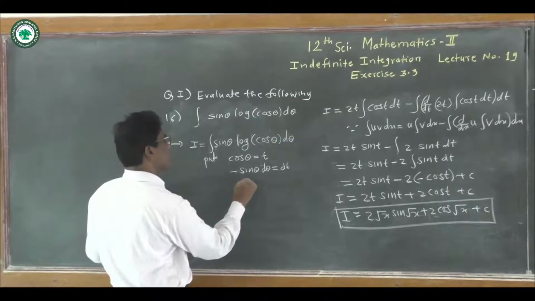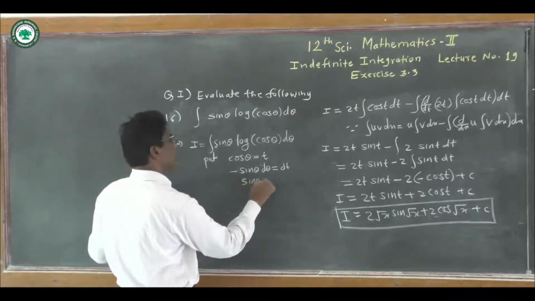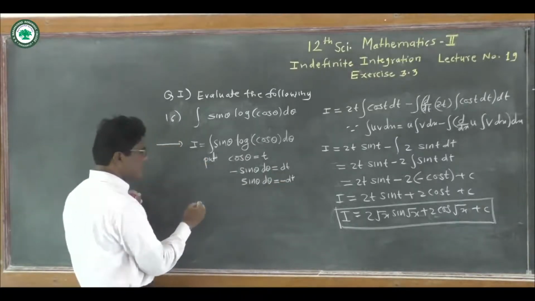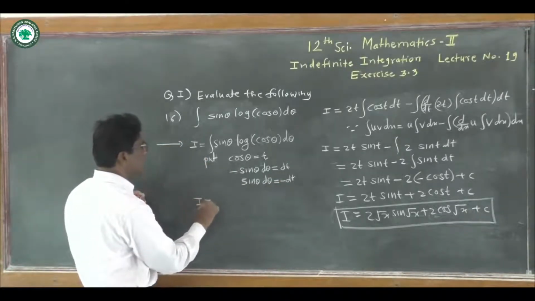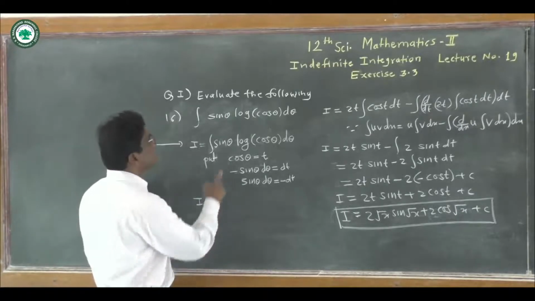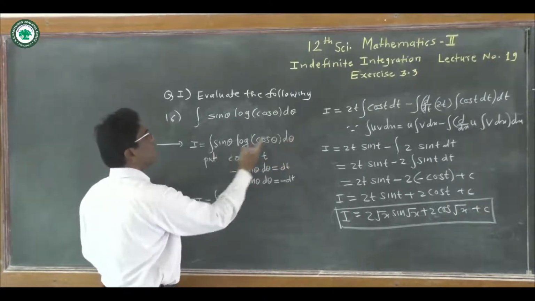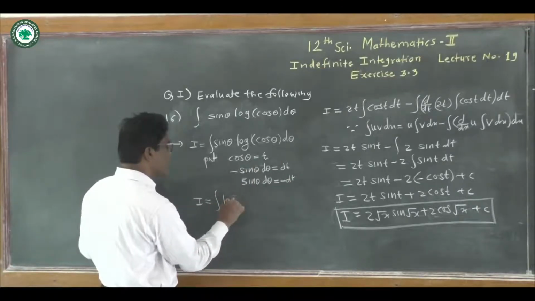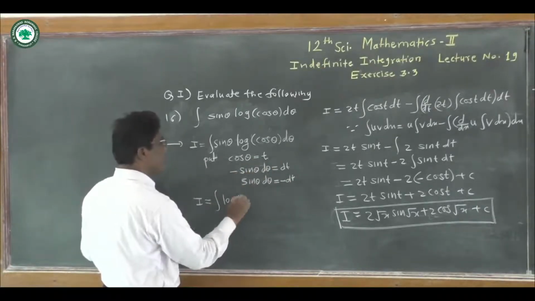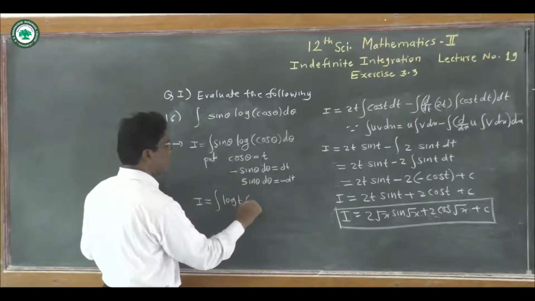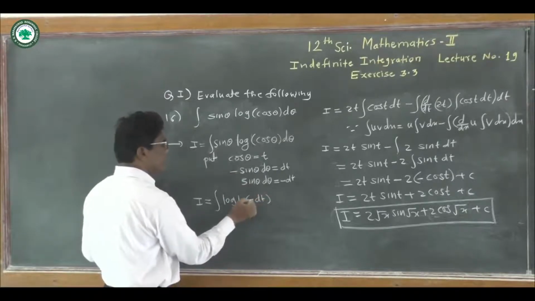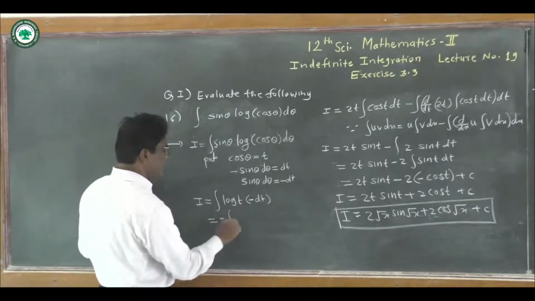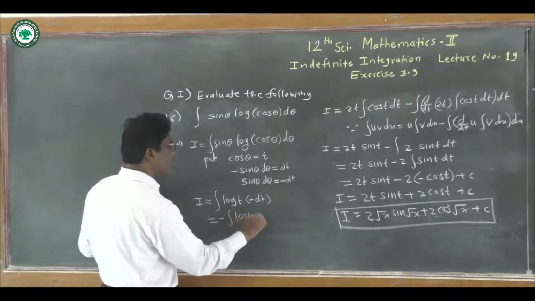So we get sin theta d theta is equal to minus dt, and therefore this required integral I becomes I is equal to integration of sin theta d theta, we put minus dt, and here log of cos of theta is log t. Take this minus sign outside the integral, so minus integration of log of t dt.